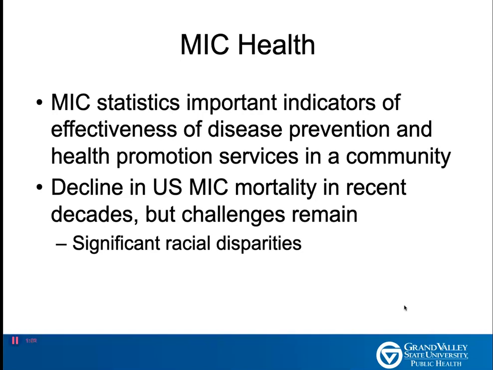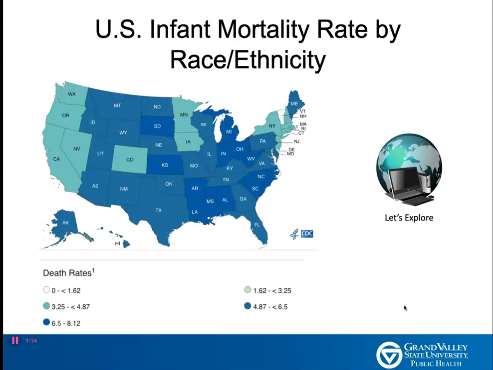The CDC and the NIH both have information on this, and also the AHRQ, the Agency for Healthcare Research and Quality. I want you to explore by clicking on this little globe and look at those mortality rates by race throughout the country, and you're going to see what that means.